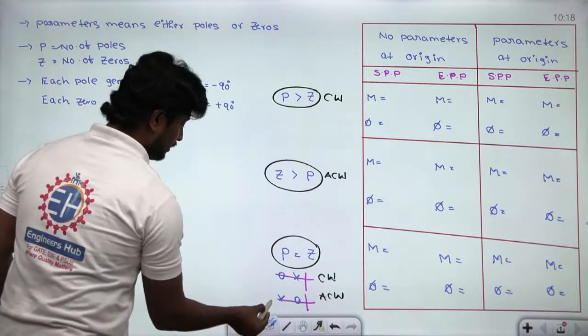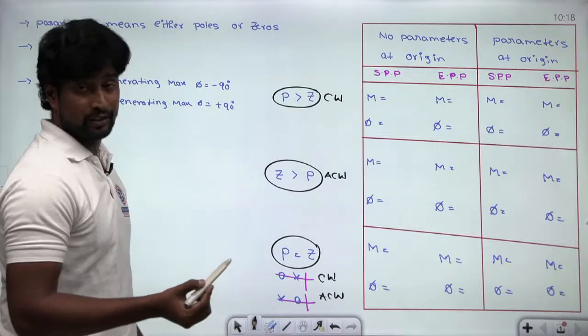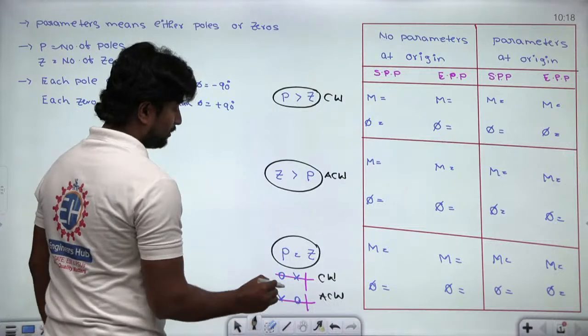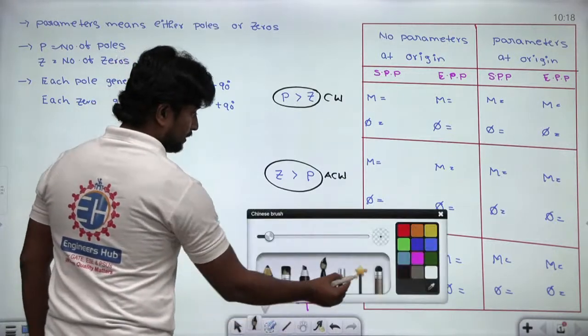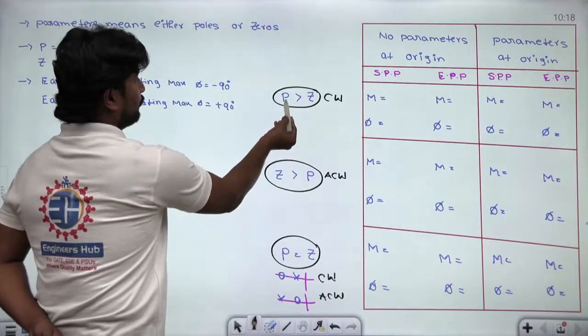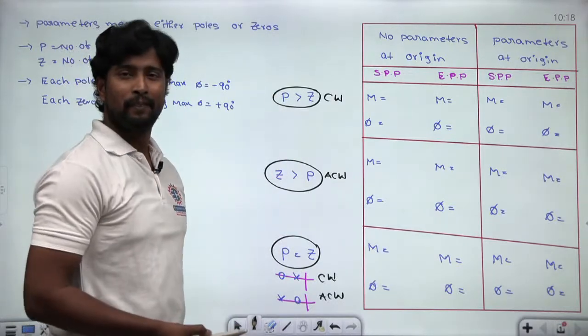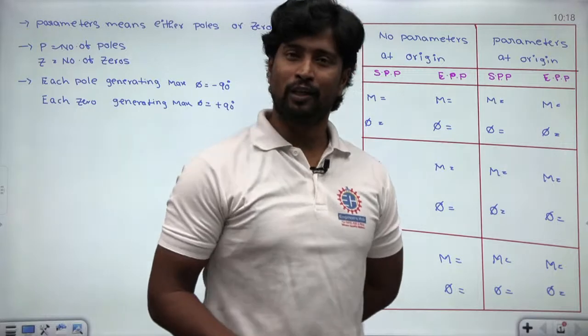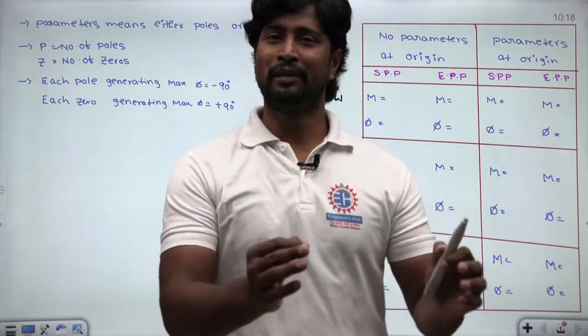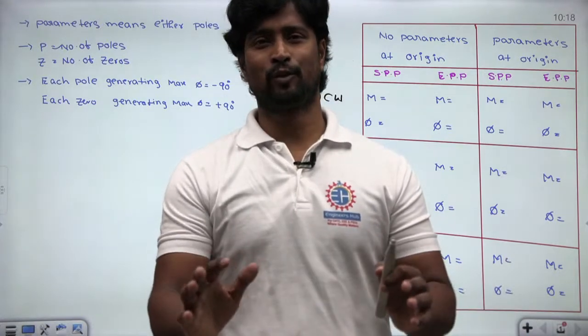Clear? So guys, carefully see once. It's very important. Guys, if poles are dominating, either with parameters at origin or no parameters at origin, it's not a matter.